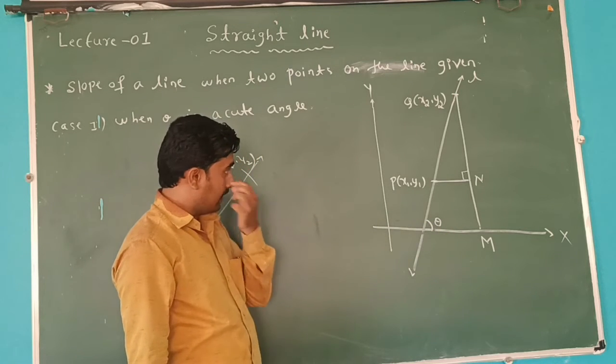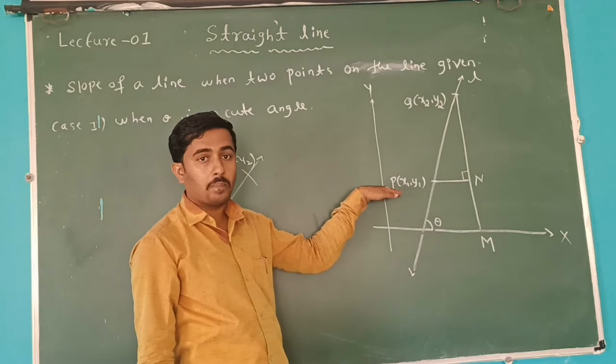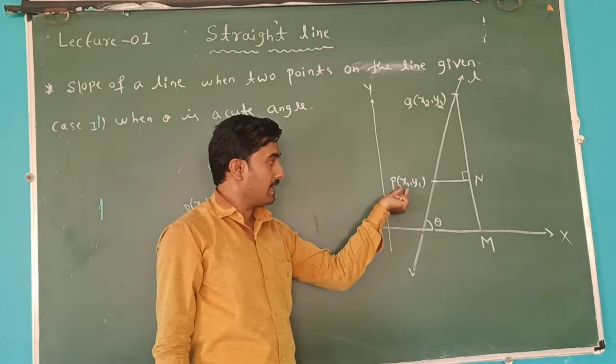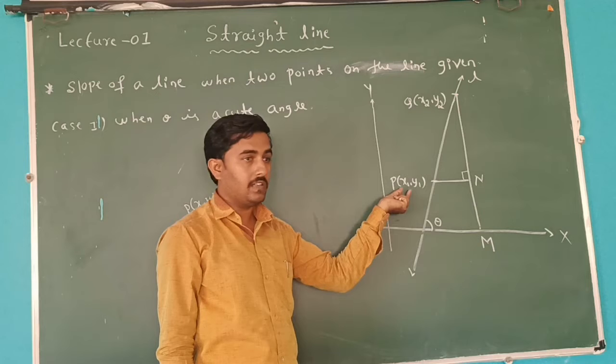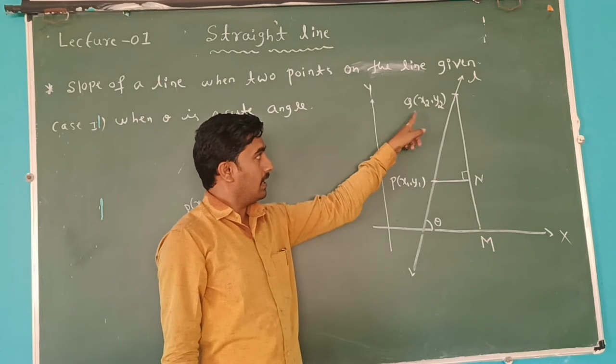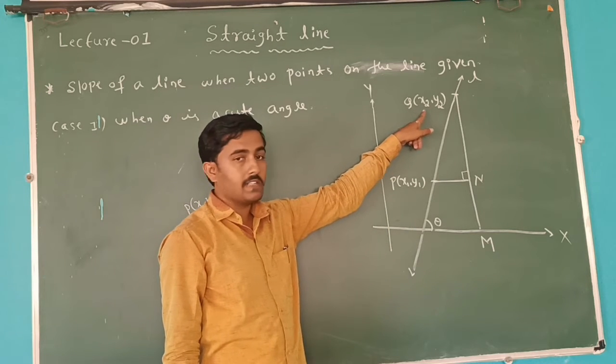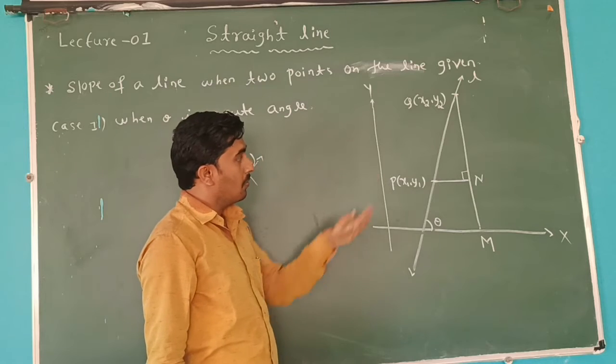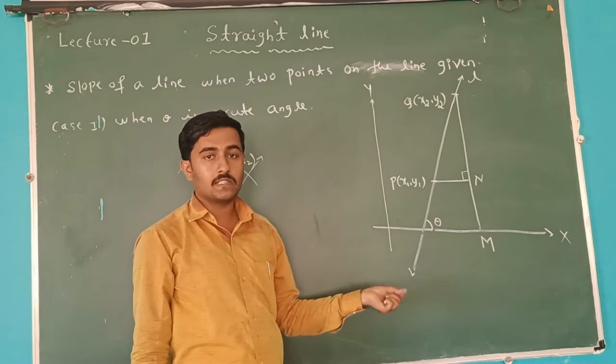Two points are given here, P and Q. P has the coordinate points x1, y1, and Q has the coordinate points x2, y2. Now we have to find the slope of this line.